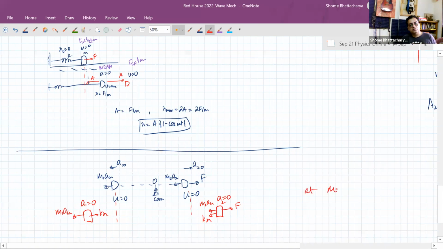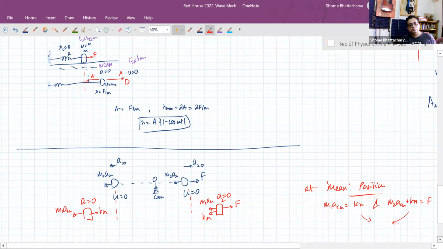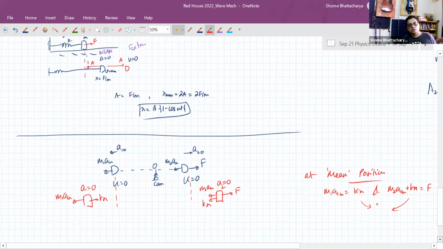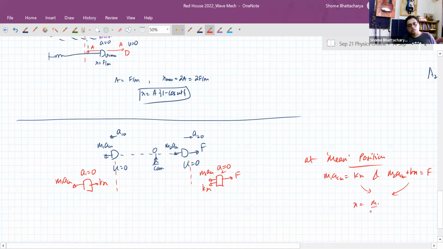So at mean position, you have these, and either of these you'll solve, and you'll see that your x will come out to be this kind of thing. So this is basically such that the maximum extension of the spring will be twice of that.